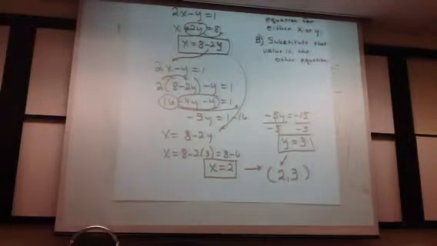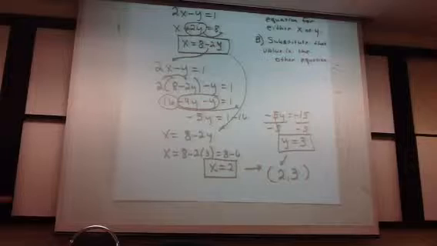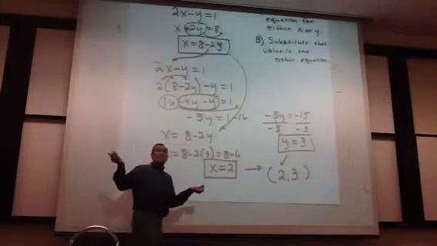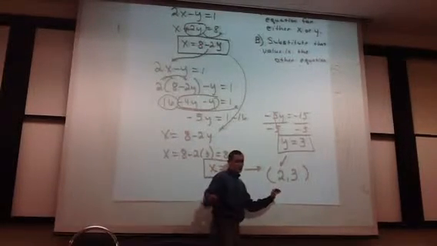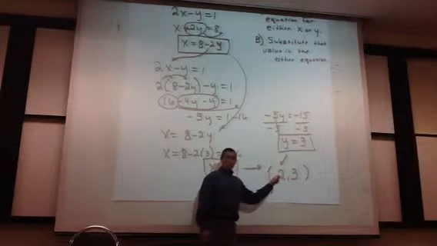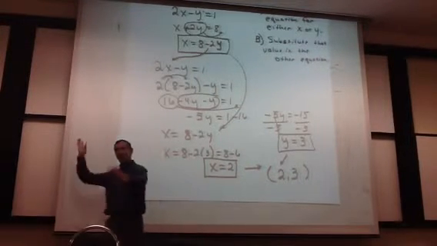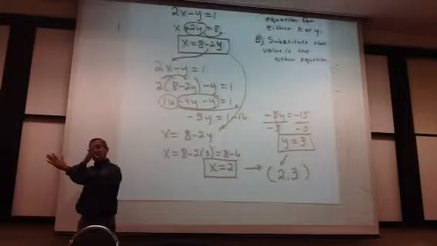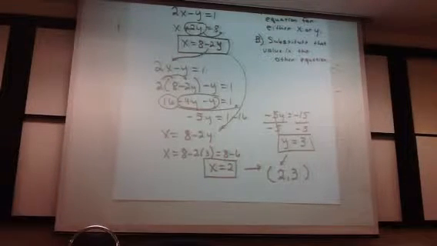So there's my point of intersection, ladies and gentlemen: 2, 3. What my graph almost told me, if I'd drawn a little bit more accurately, this tells me precisely: the point of intersection of these two lines is the point 2, 3.